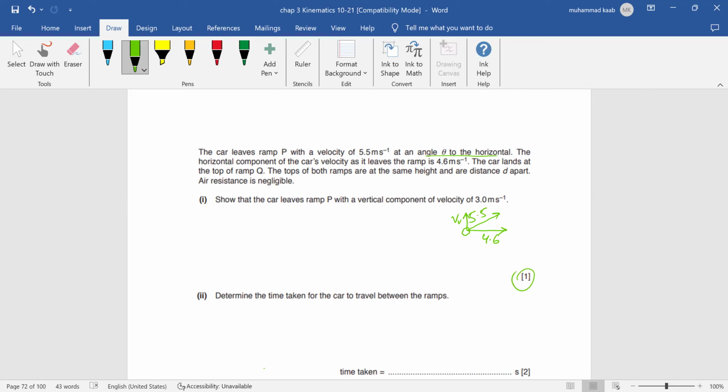We have 5.5, 4.6, and you're just interested in this length, the vertical. So just take 5.5 squared is equal to 4.6 squared plus Vv squared. So just do 5.5 squared minus 4.6 squared is equal to Vv squared, and take the whole thing under root. Are you getting it? Do you understand?